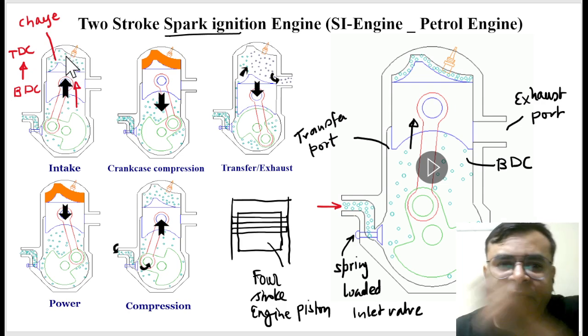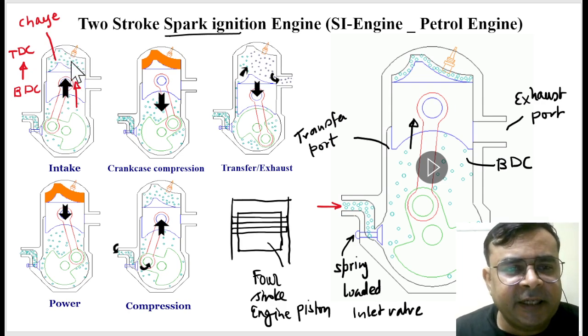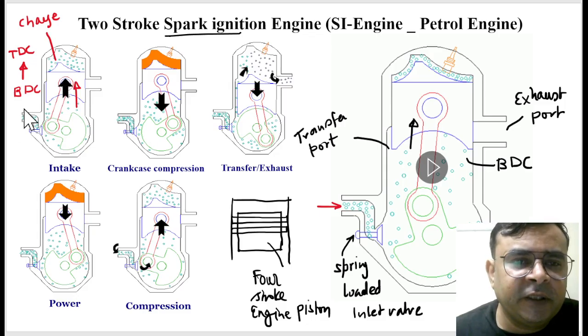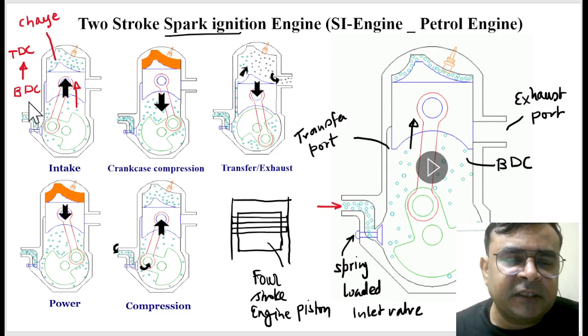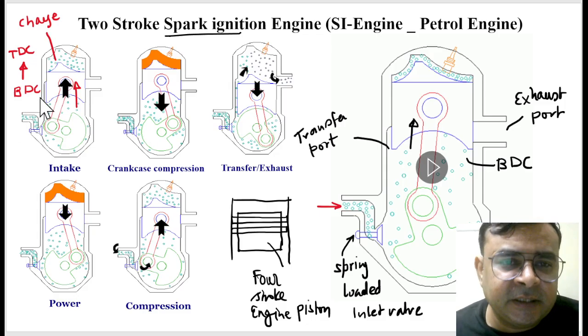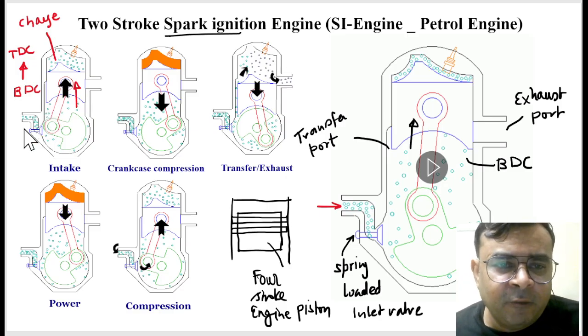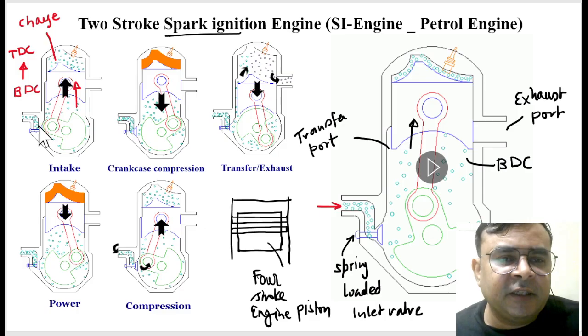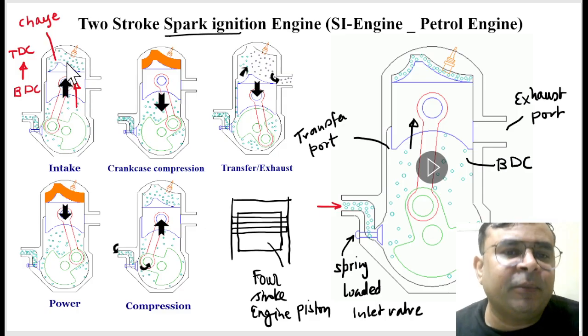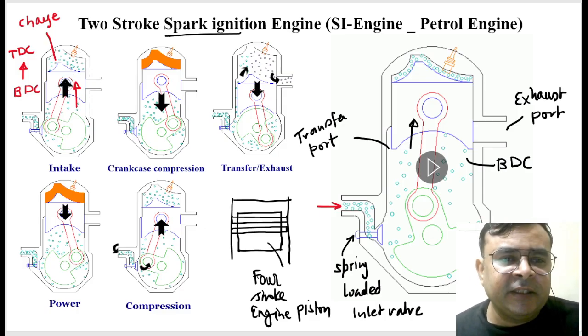Is it right? So in one stroke, when piston is moving from BDC to TDC, two simultaneous processes are going on. One is suction, and another is compression. Is it right? So are you getting this?